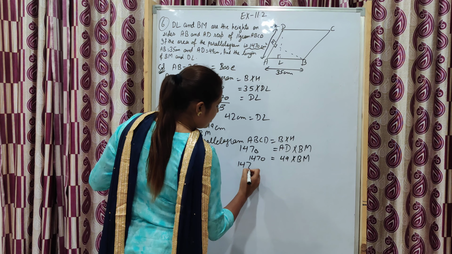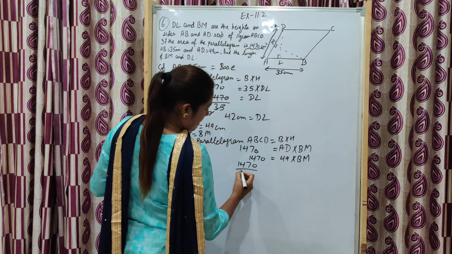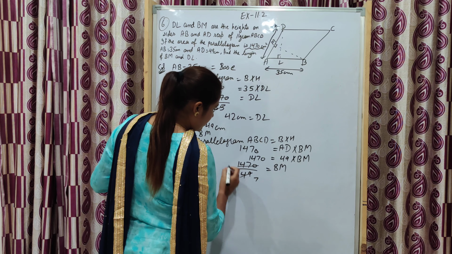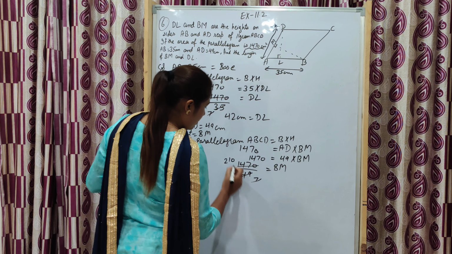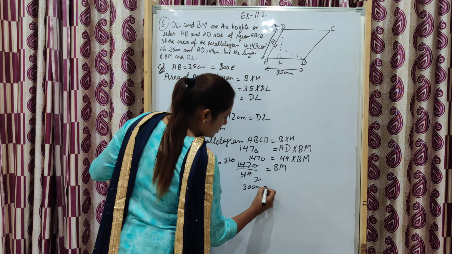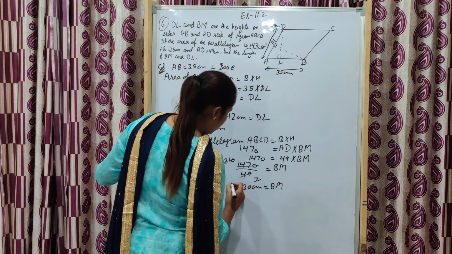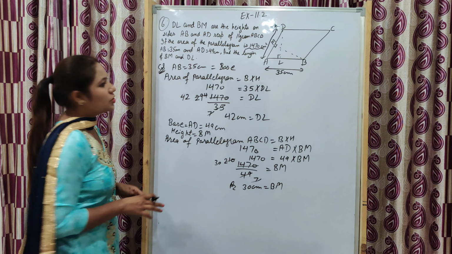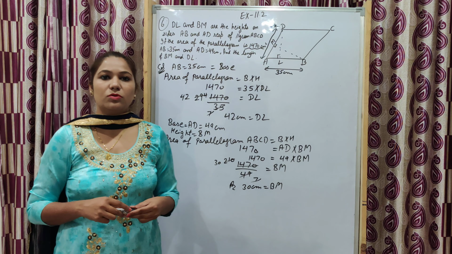Now I will divide area with the base, that is 49, and we will find BM. Now I cancel it on the table of 7. Again on the table of 7. So 30 centimeter is our BM, so that is our answer. So it was question number 6. Now we will do question number 7.